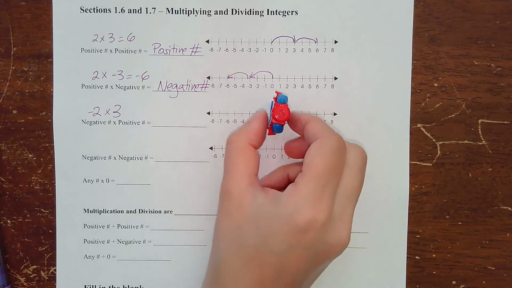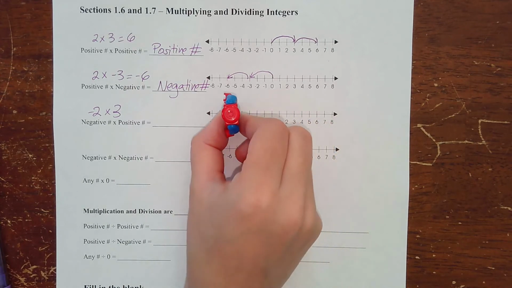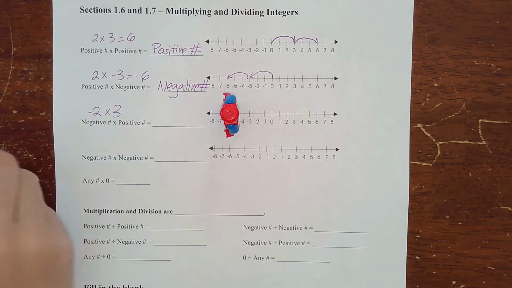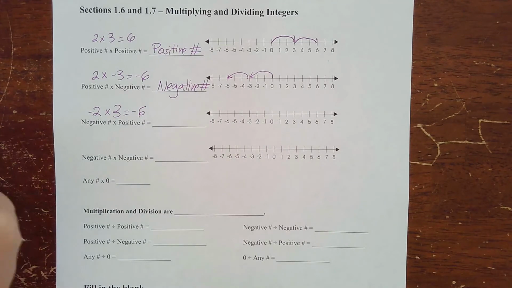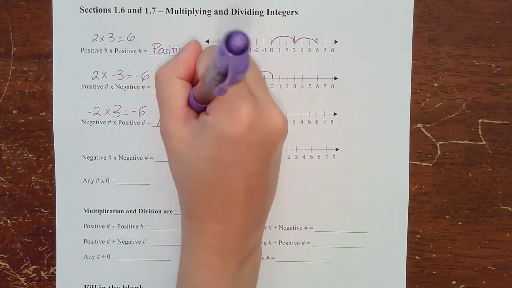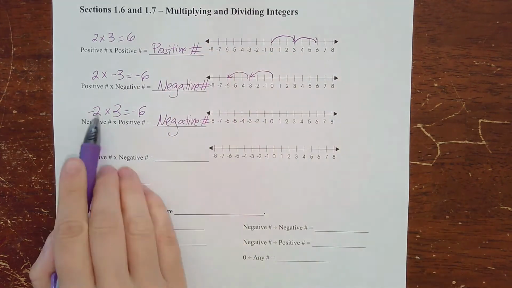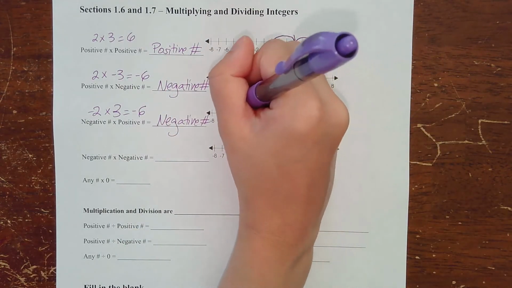So he's going to hop forward once to negative 3, and another time to negative 6. And so that's why a negative times a positive equals a negative number. Because this time you're facing the negative direction, but you're hopping forward once, twice.